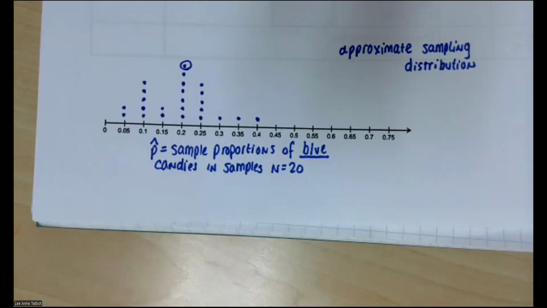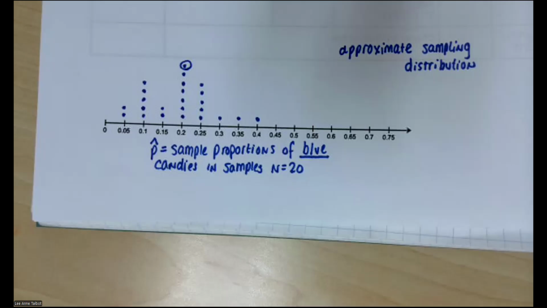Let's say you had not had any of the information, you just said, oh, let's look at all these samples, blues, probably somewhere in this vicinity. So are you feeling confident enough to say that p hat might be an okay estimator of p? Do you know what those symbols are that I just said?